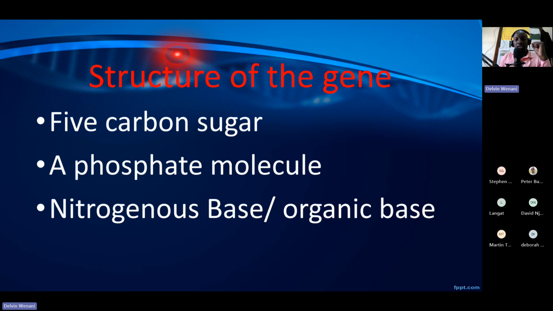They have a phosphate molecule, and then a nitrogenous base, which we call the organic bases. If anything I give you has a 5-carbon sugar, a phosphate molecule and a nitrogenous base, then it qualifies and we call it a gene.